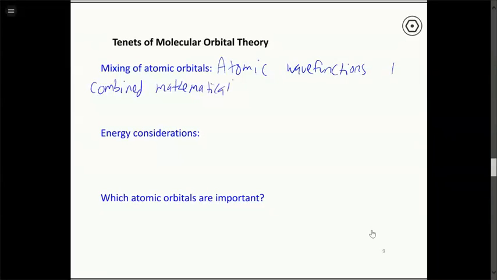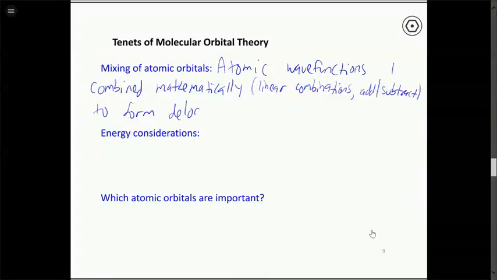All right, and so what we're going to do is take linear combinations of atomic orbitals, which basically means we're going to add and subtract them from each other. All right, but the key difference between molecular orbital theory and valence bond theory is that these orbitals that we're forming are delocalized.